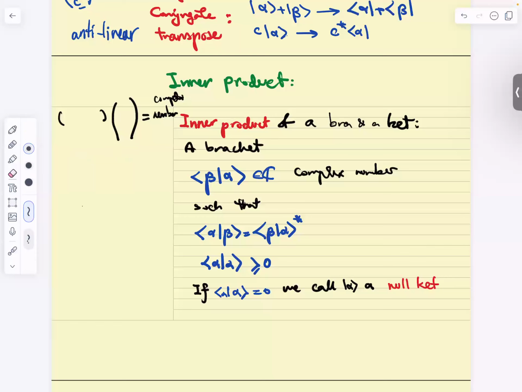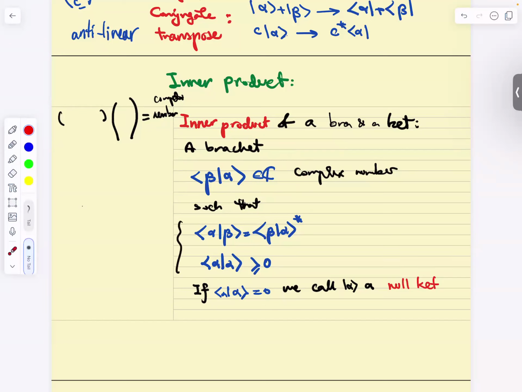Now, can anyone see already why we introduce, well, okay, I don't need to make you guys do guesswork. This is called an inner product of a bra and a ket, right? So the inner product of a bra and a ket is a bracket, which is a complex number. It has the following two properties.